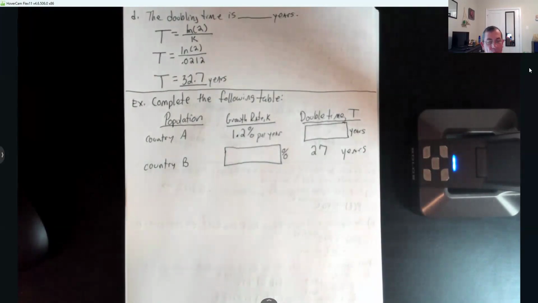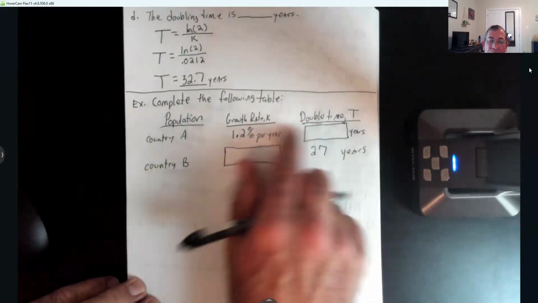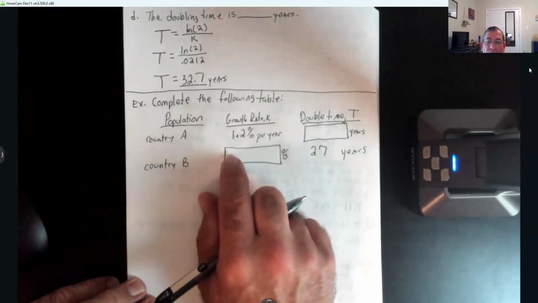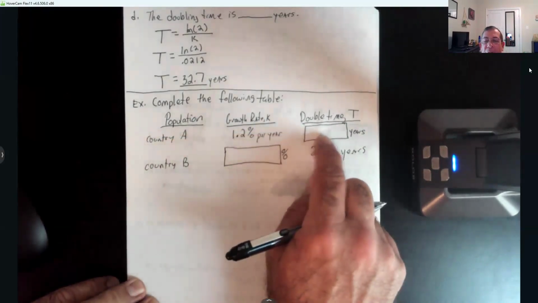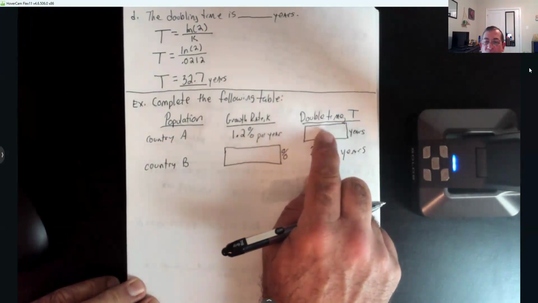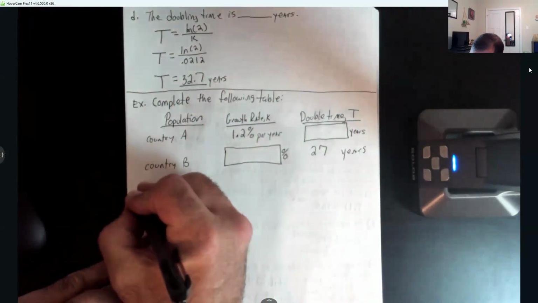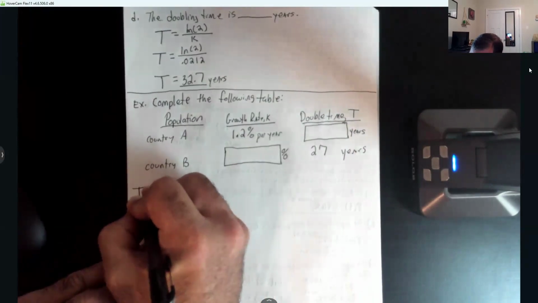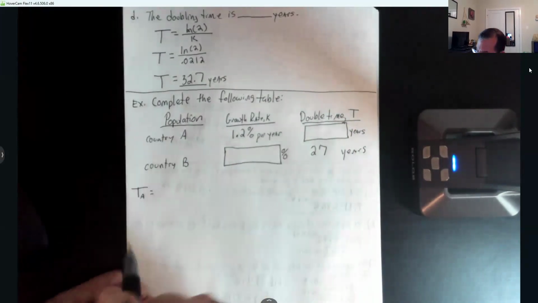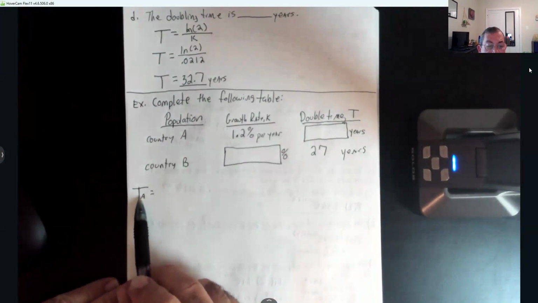All righty. Well, we got formulas to find all of this stuff. So let's play with country A and figure out country A's double time. So this will be capital T and a little a. So remember, T is double time.